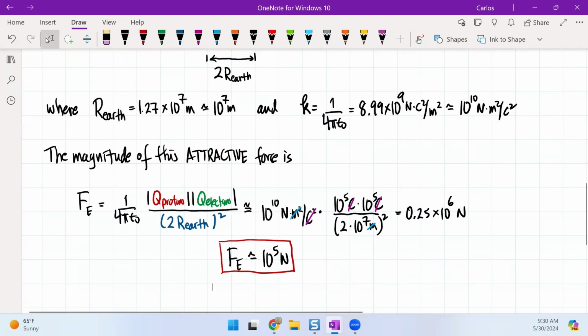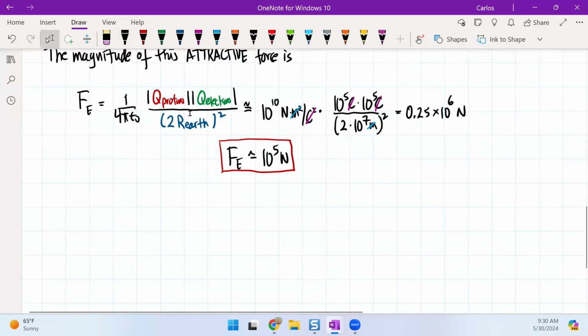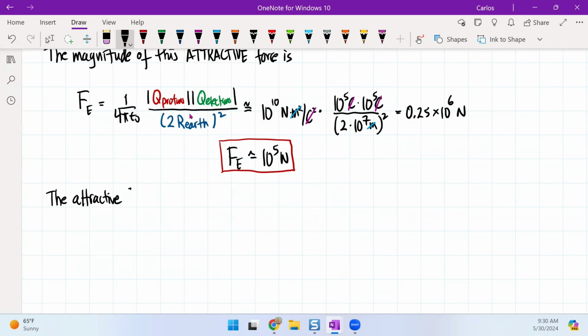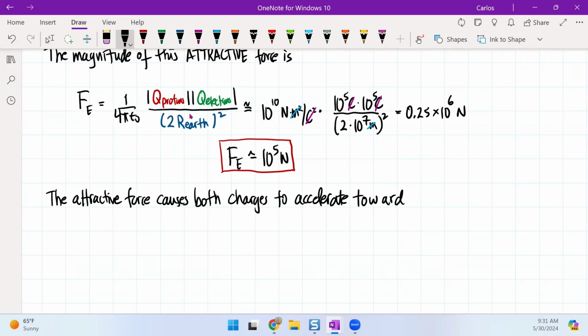Now that I have that, we can calculate the acceleration. The attractive force causes both charges to accelerate towards each other.